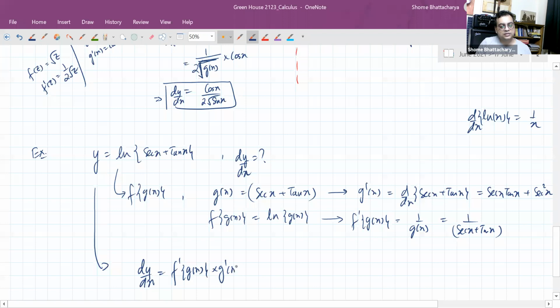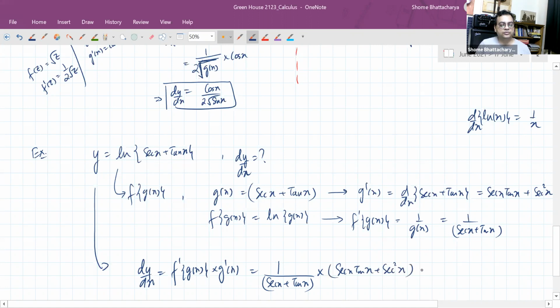So now from that we can understand that dy by dx will be f prime of gx into g prime x. So as you can see, f is the log function. So log's differentiation is 1 upon, but 1 upon what? The quantity we have applied log to. So that is sec x plus tan x. Okay. Into derivative of gx. Now gx is the bracket inside here. So its derivative, as you can see, is sec x tan x plus sec square x.